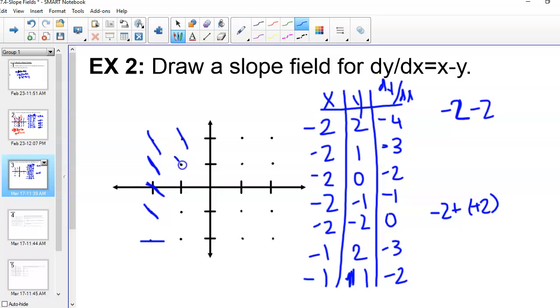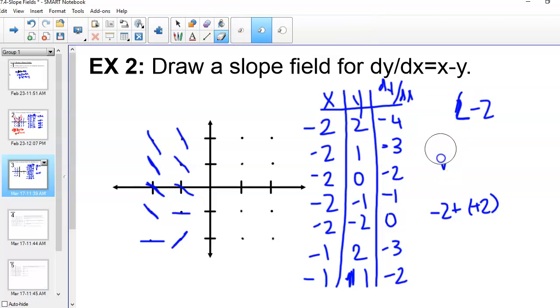And you're going to see that same pattern where we're just decreasing by 1 each time. So at negative 1, 0, I would have a slope of negative 1. I would have a slope of 0 here, and then a slope of positive 1 here. Let me erase this so I can continue my chart.